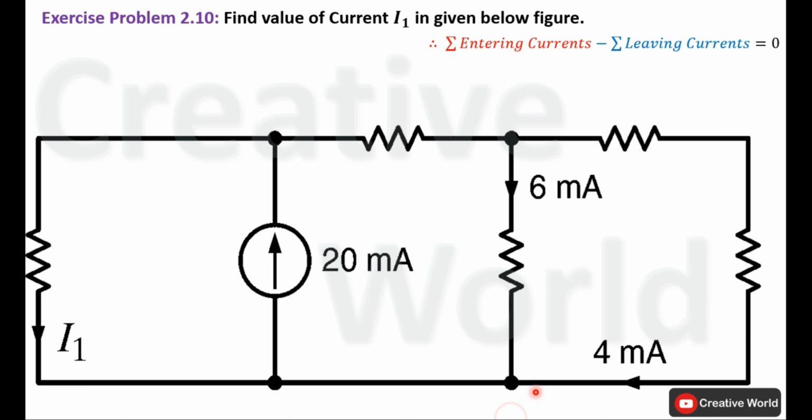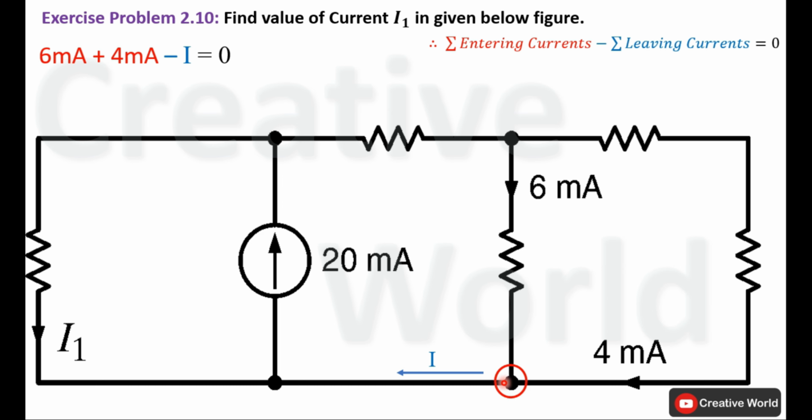We will start from this node. On this node, two currents are entering while one current is leaving. The leaving current is unknown and labeled as I. First, we will calculate the value of I by implementing Kirchhoff's current law on this node. Write the equation of Kirchhoff's current law for this node.